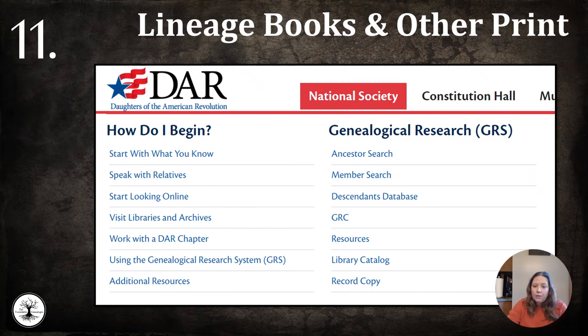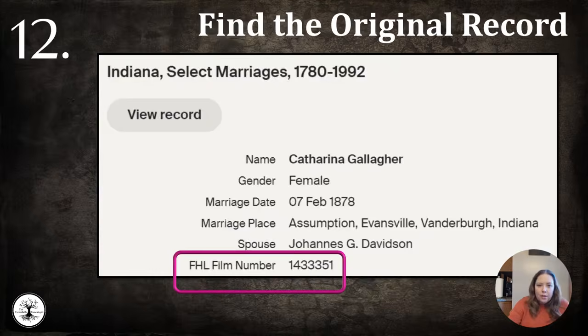You can also even order the application packets, which might give you more information because they would have had to provide sources in order to join. You will also find some people that may have disproven the different applications that were previously accepted, and it'll have a little note in there saying that this has actually been disproved or it's under investigation.